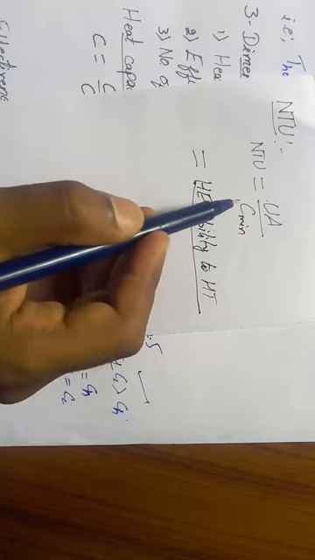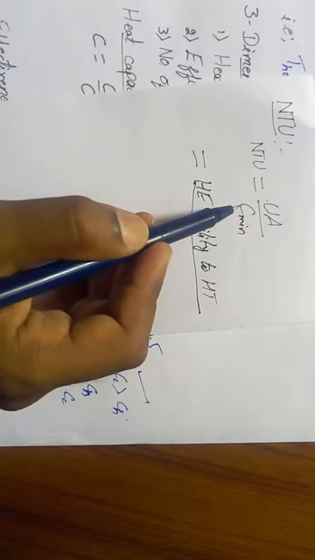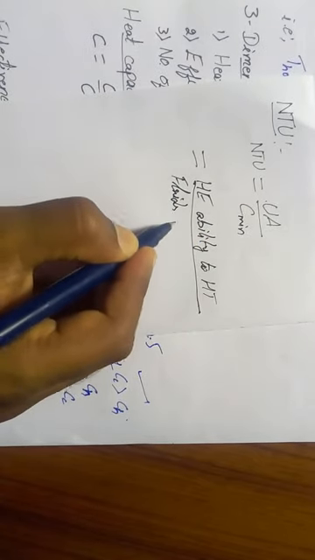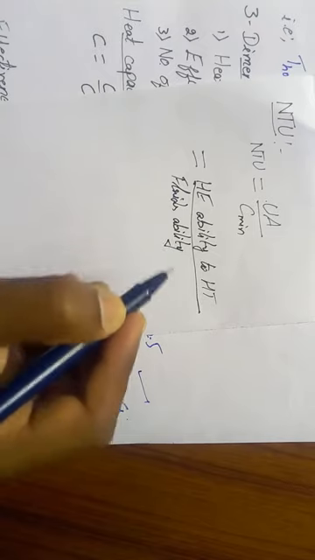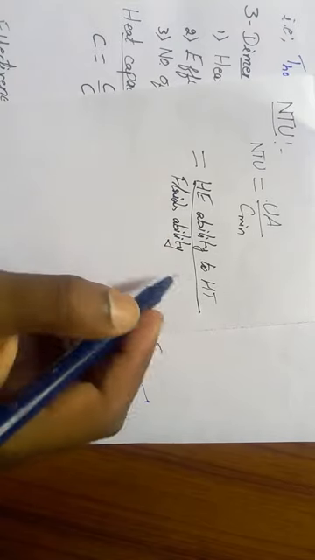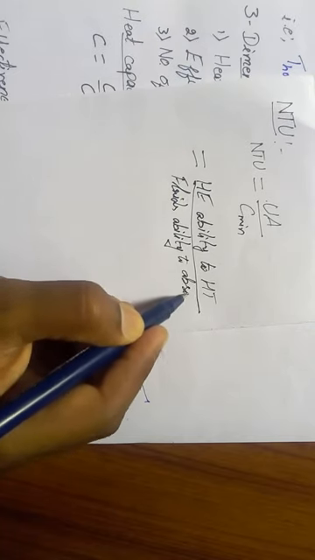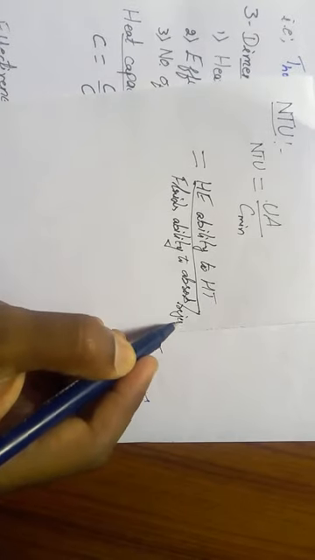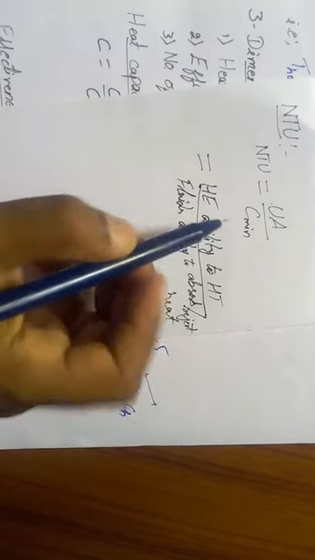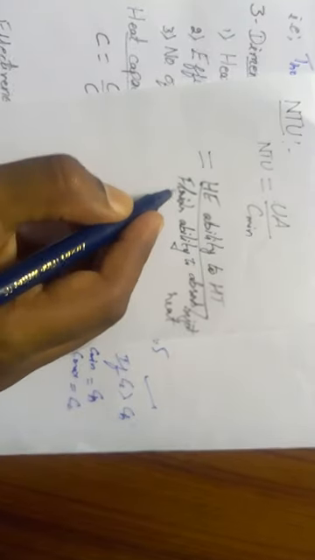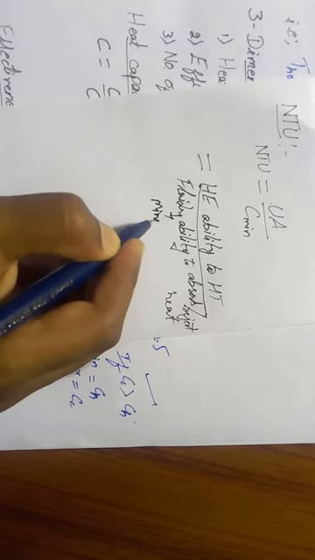What is C? The ability of a fluid to transfer heat, that means to either absorb or reject heat. So with min taken into account, it is the fluid's minimum ability to absorb or reject heat. That is C min.